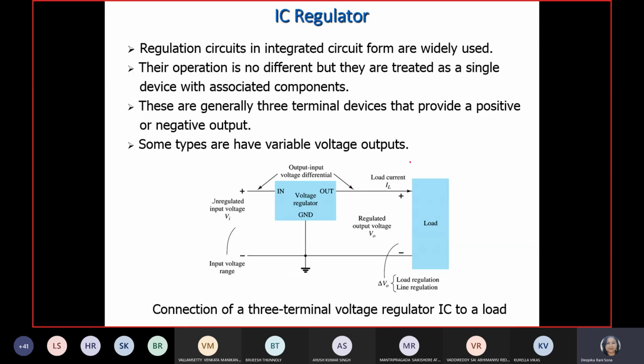Now come to the IC regulator, guys. In this part, I will tell you everything. Whatever we have seen in the linear regulator, now that is encapsulated in the form of an IC. Okay, you can see from the diagram itself, it contains the IC packaging, but the internal circuitry will remain the same. This is, suppose, the ground part.